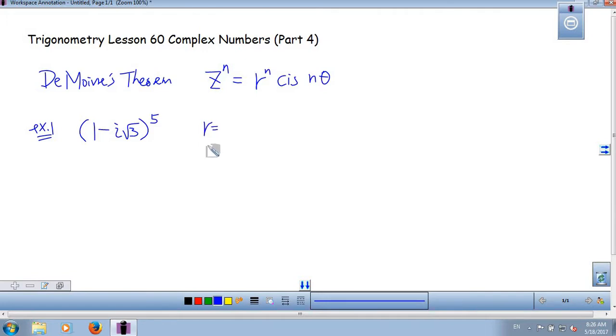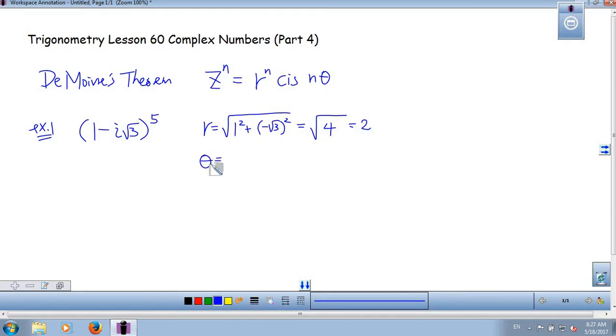So let's identify the modulus and the argument for this complex number. For 1 minus i square root 3, it's going to be 1 squared plus negative square root 3 squared, that's x squared plus y squared. So the square root of 1 plus 3, which is 4, so the modulus is 2.